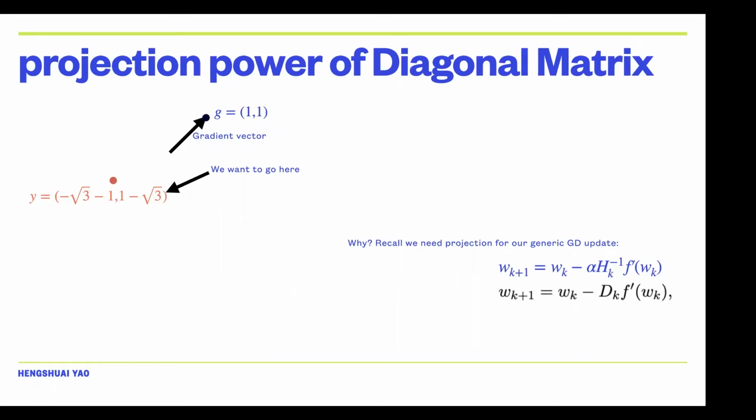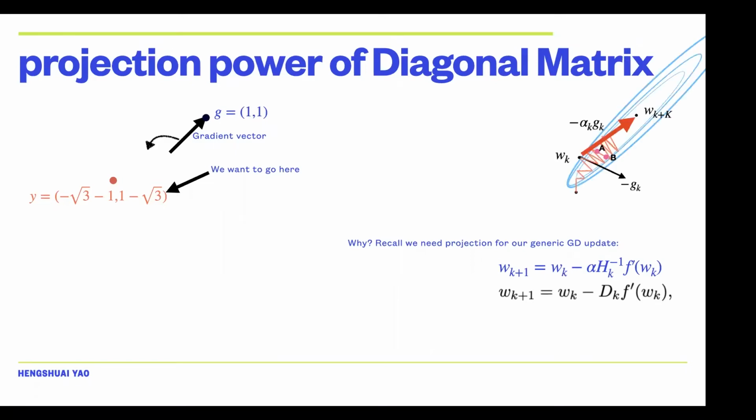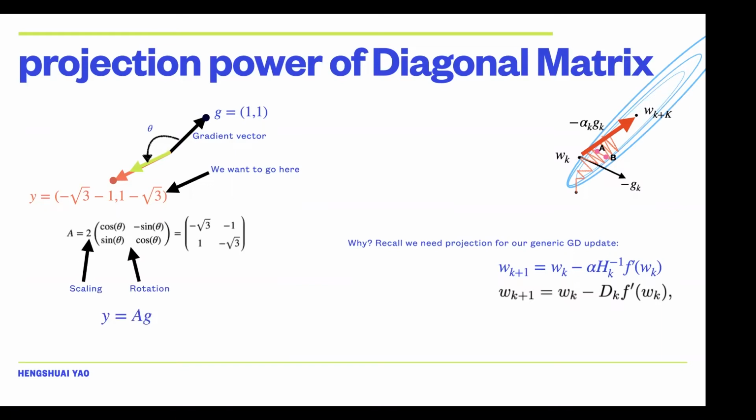It appears that we need to rotate by angle theta and scale, then we arrive at Y. In this process, we compute a matrix A, and by projecting A on G, we achieve Y. This is the standard linear transformation theory.